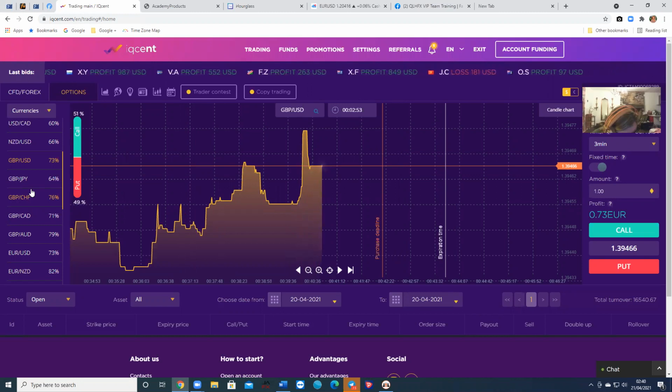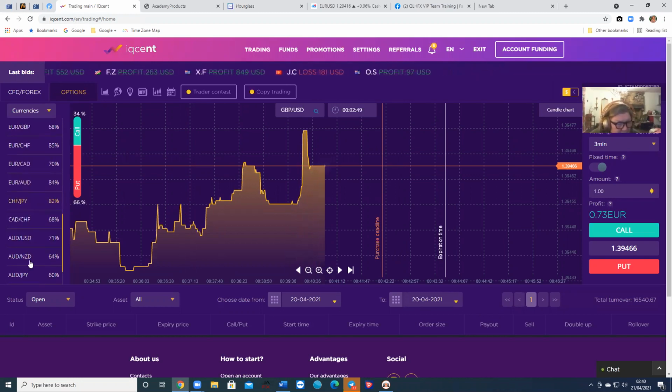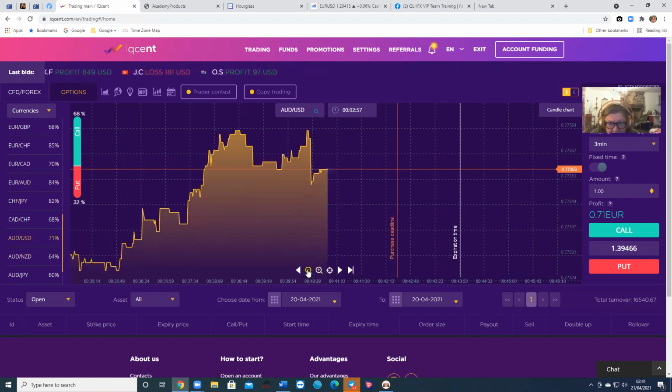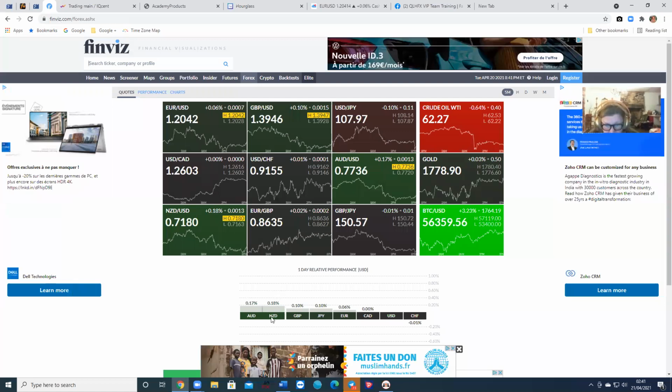I'm going to look lastly at AUDUSD. So AUDUSD at 71%. Price at the broker 353. Australian dollar stronger. It's just moved up.